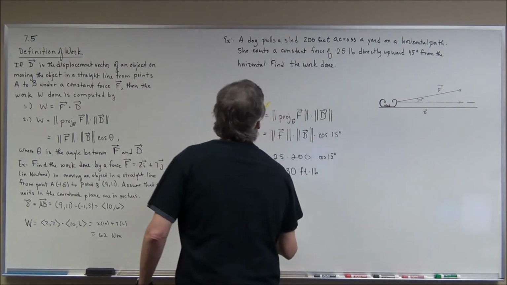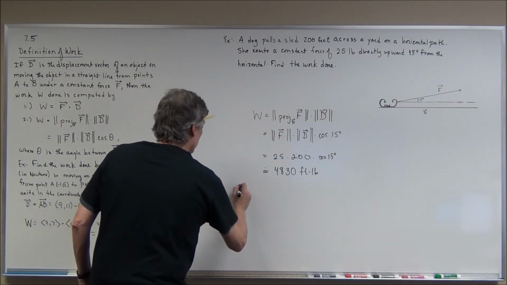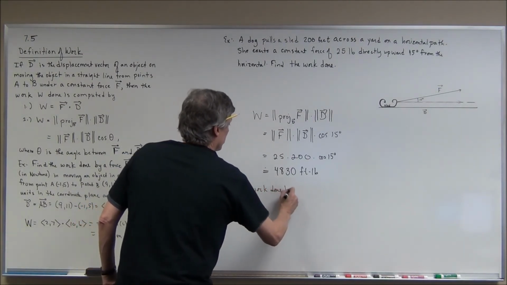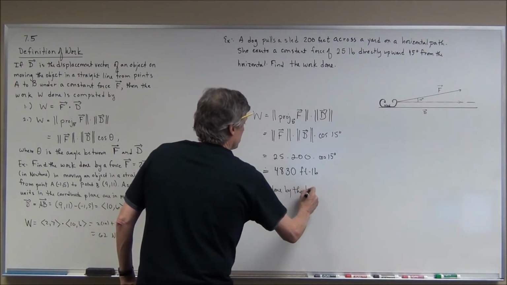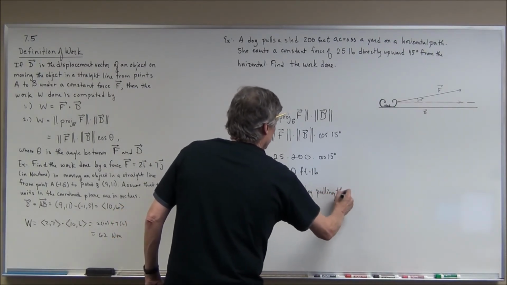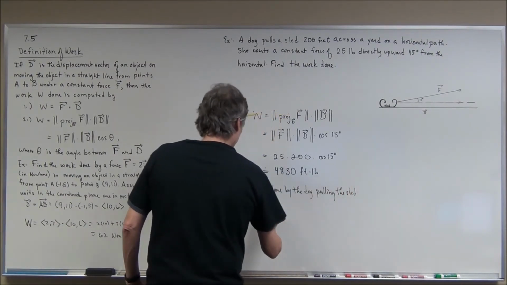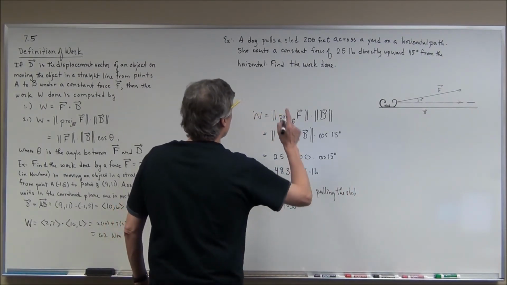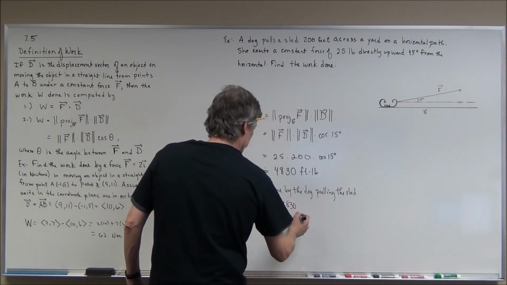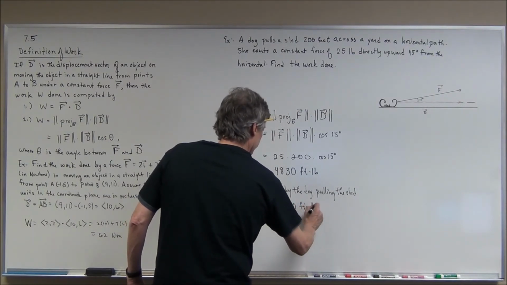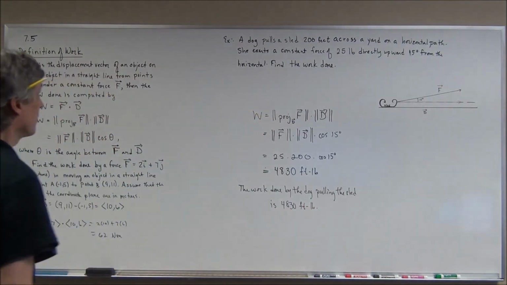So, find the work done by the dog pulling the sled: 4,830 foot-pounds, to the nearest whole number since it's irrational. And that's the answer there.